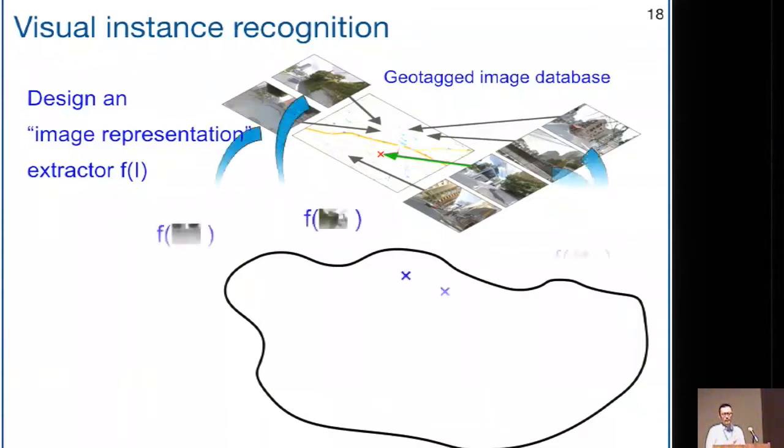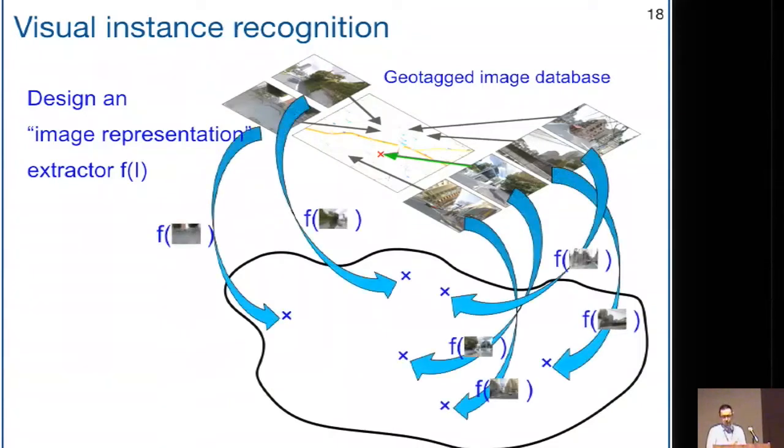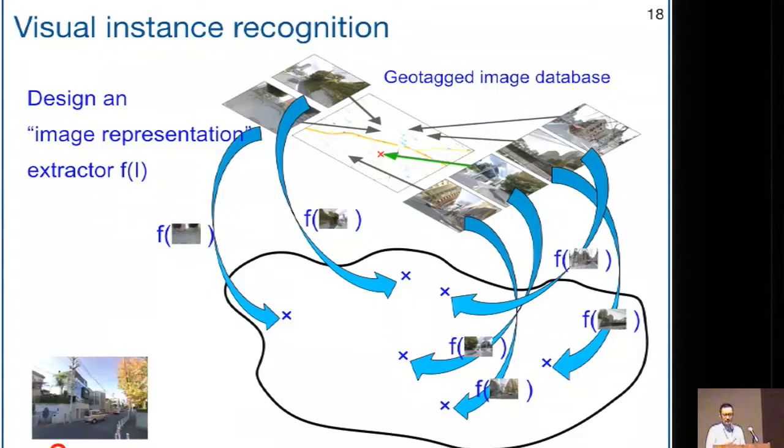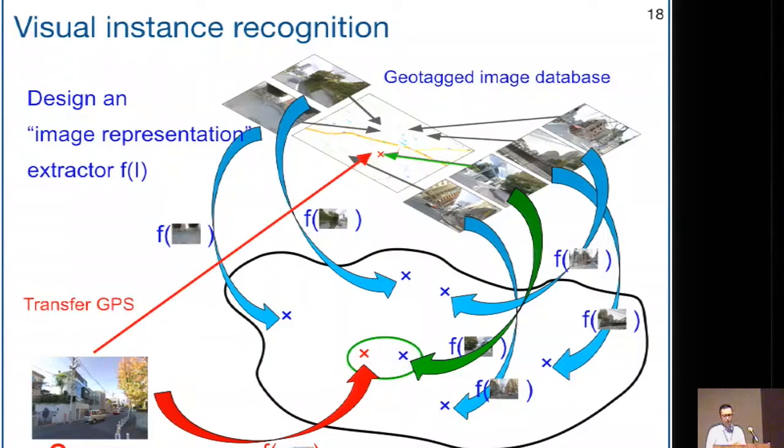Then all the database image representations are extracted offline. When a new image is given, we extract its representation, find the closest database representation and transfer its location.